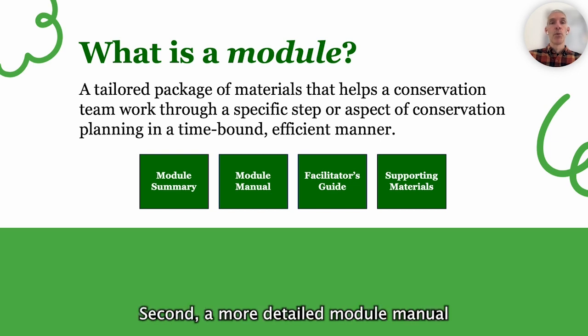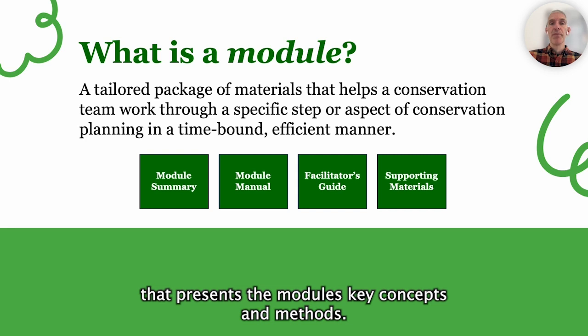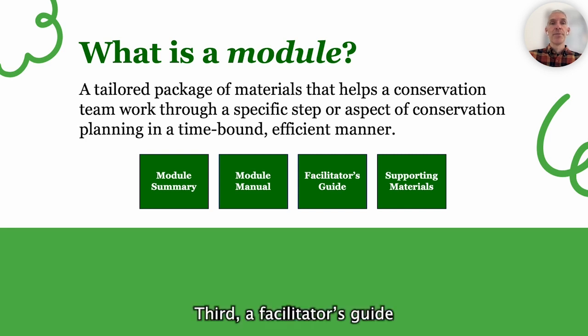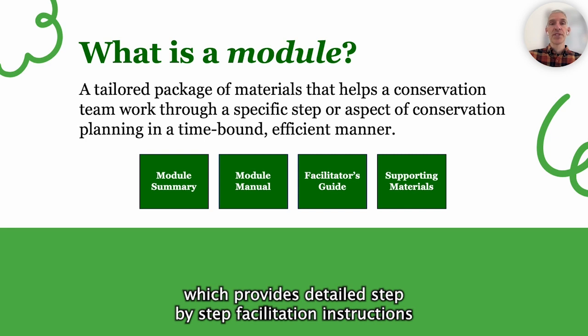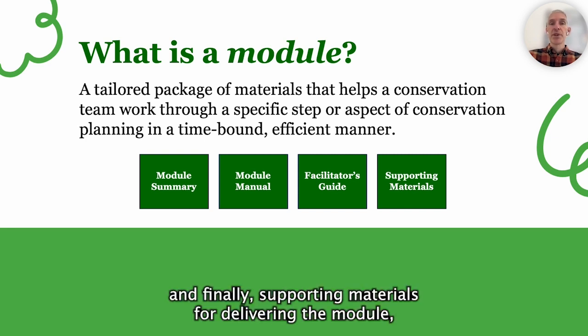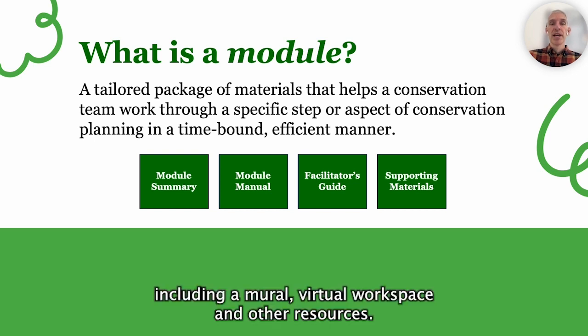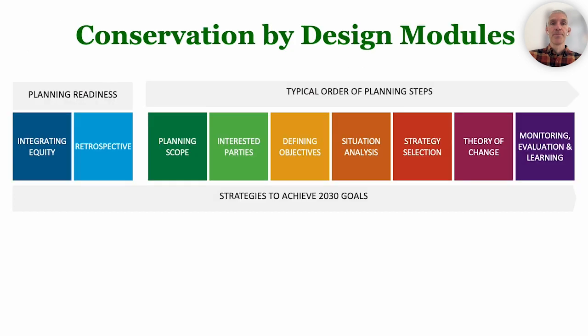Second, a more detailed module manual that presents the module's key concepts and methods. Third, a facilitator's guide, which provides detailed step-by-step facilitation instructions. And finally, supporting materials for delivering the module, including a mural virtual workspace and other resources.